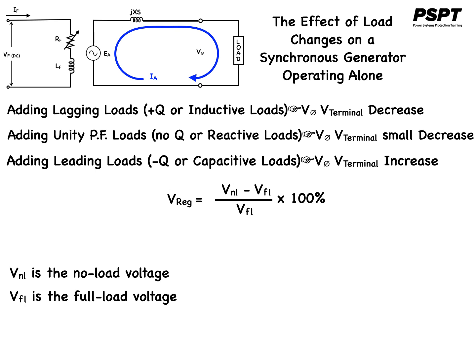A synchronous generator operating at lagging power factor has a fairly large positive voltage regulation. A synchronous generator operating at unity power factor has a small positive voltage regulation, and a synchronous generator operating at leading power factor often has negative voltage regulation.